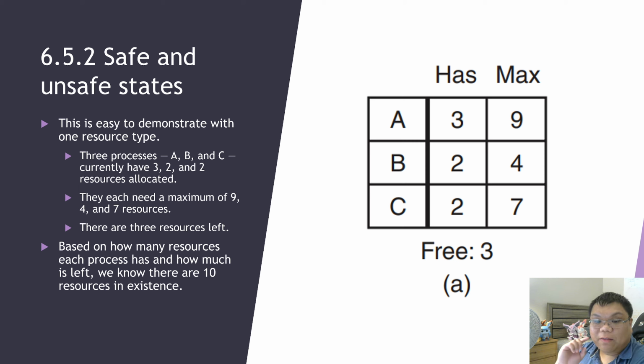So here's the thing. We are in a safe state. If a process makes a request for resources, we run this simulation to see whether these processes will safely terminate afterwards.